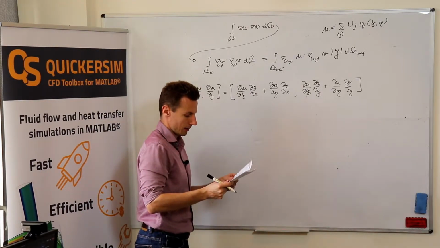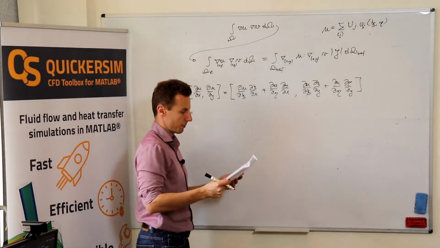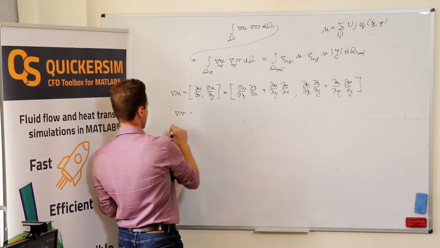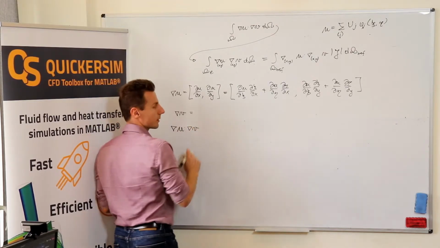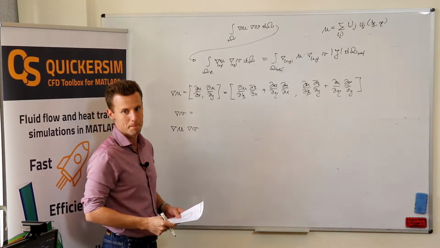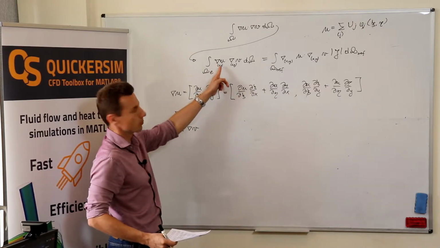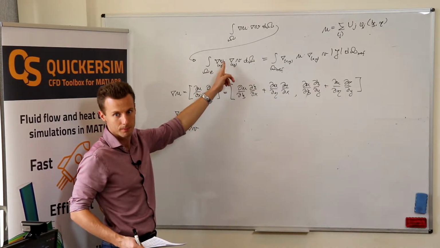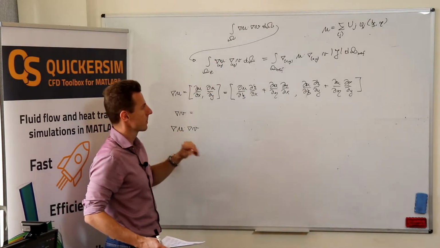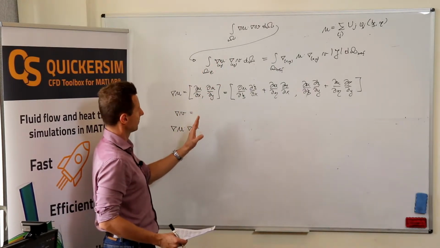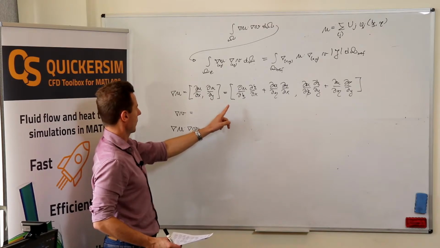But now the funny part is we need to calculate the gradient of u times the gradient of v, because that's what we want to integrate. What does it mean?